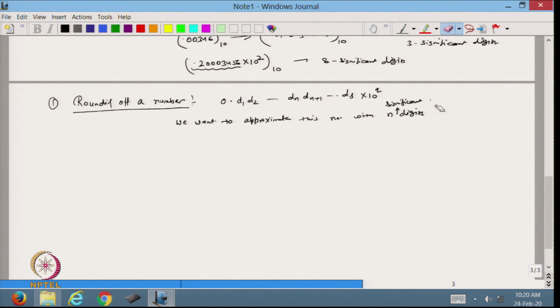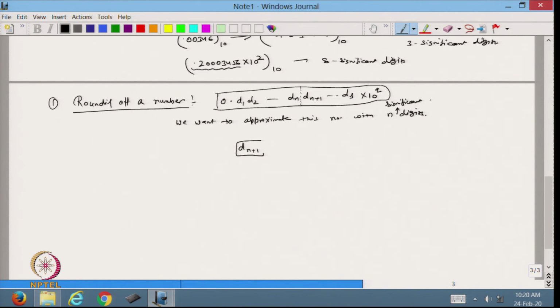So, what will I do in this case? I want to approximate this number with n significant digits. There are two ways. Here I want to approximate or truncate this number, so I have to take care of the value of the digit at the n plus 1 place.